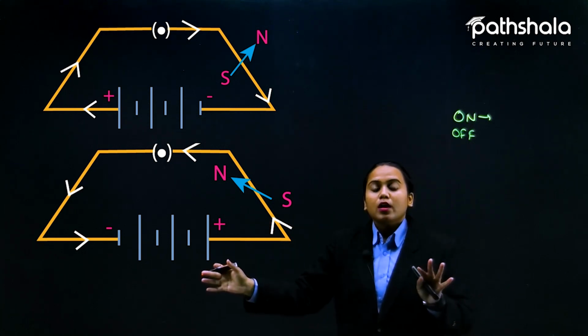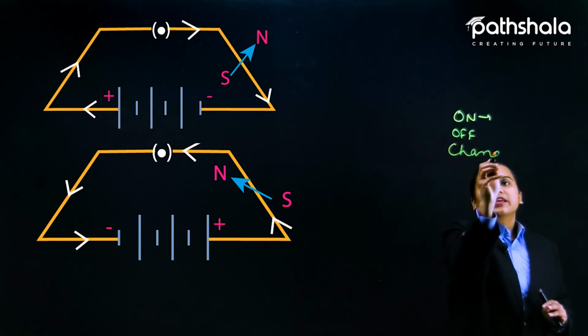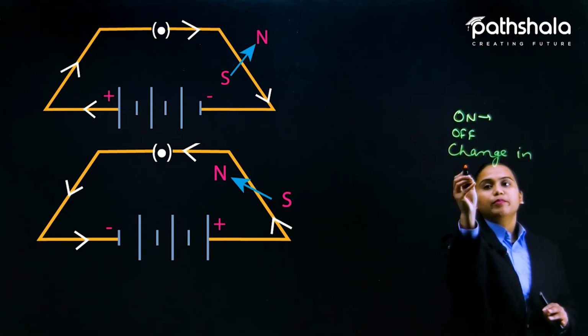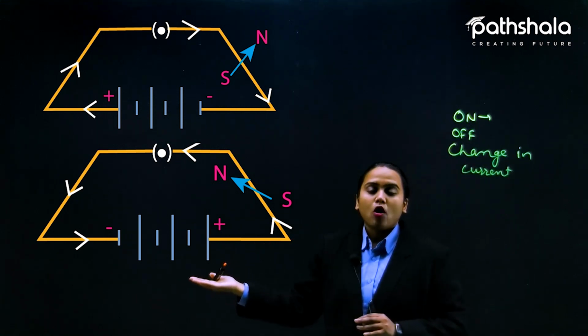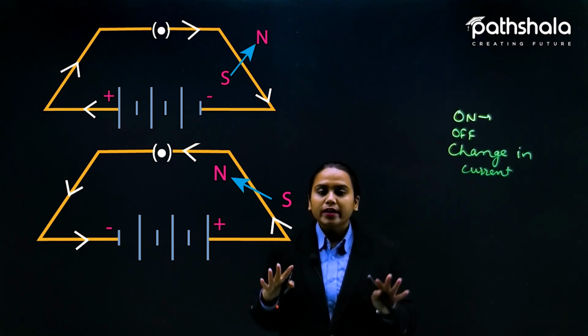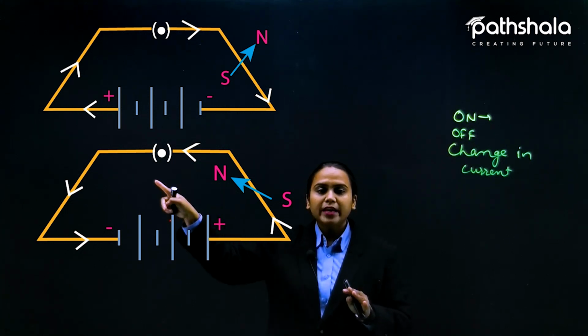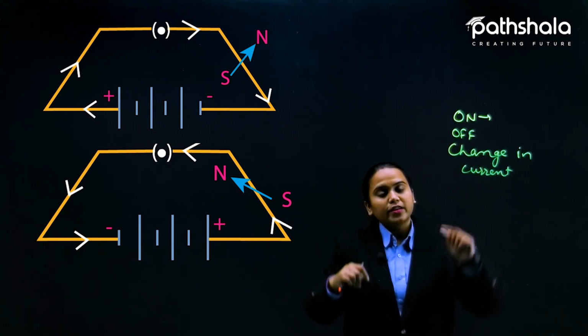Okay, so a change in current is producing it here. We can say that it is a change in current, because when we switched off the circuit, no current was flowing, and when we keep it on, that means the current goes from 0 to a certain limit.